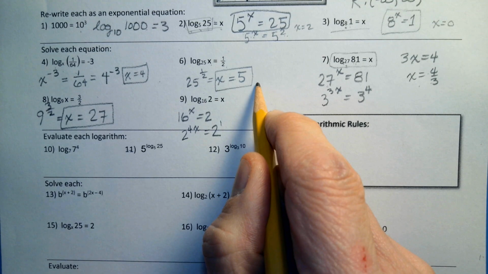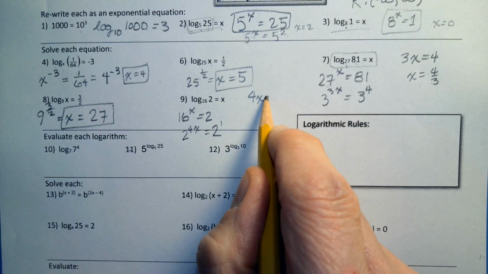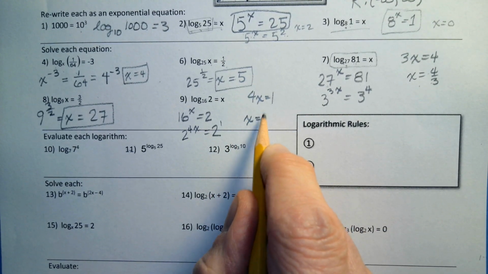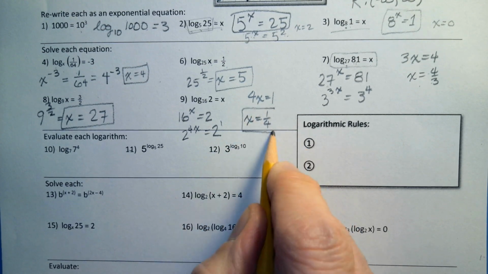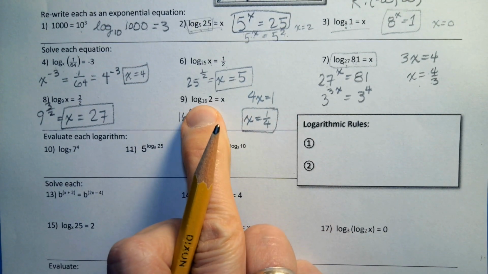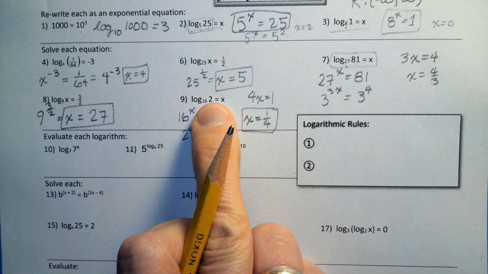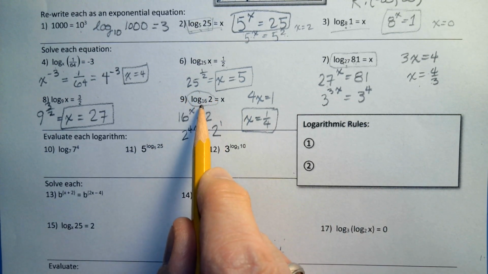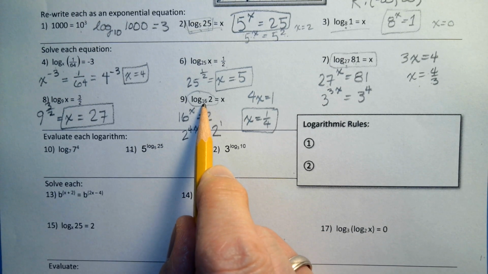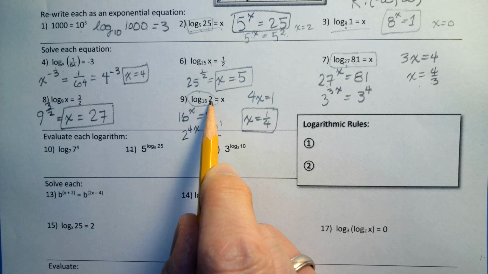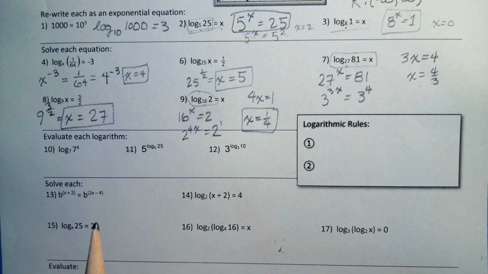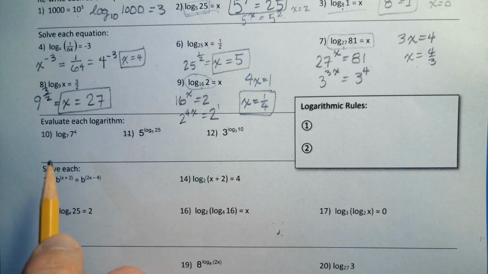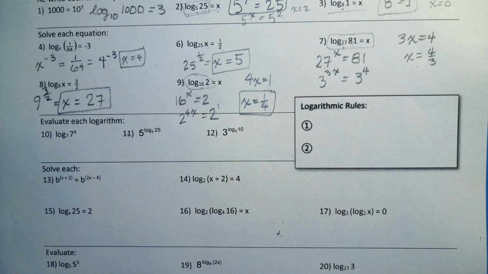And so that means 4x equals 1, or x equals 1/4. So 16 raised to the 1/4 power equals 2. So this whole logarithm is equal to the value you have to raise the base to make it equal to the argument. So 1/4. All right, so let's use the next couple of examples to develop some rules.